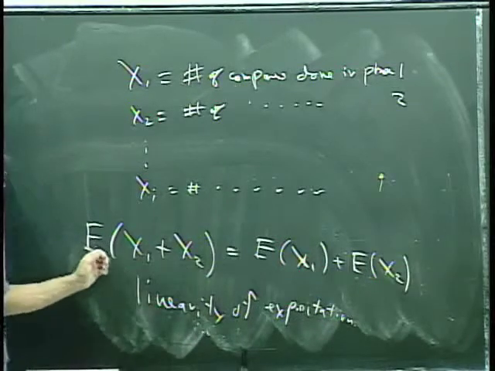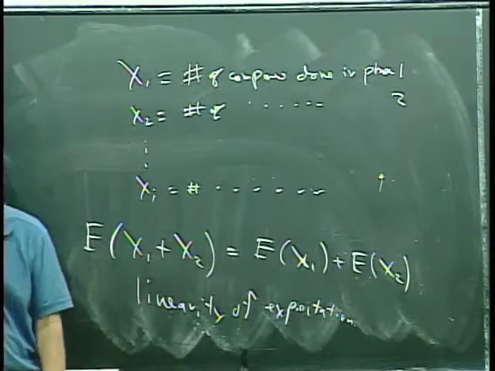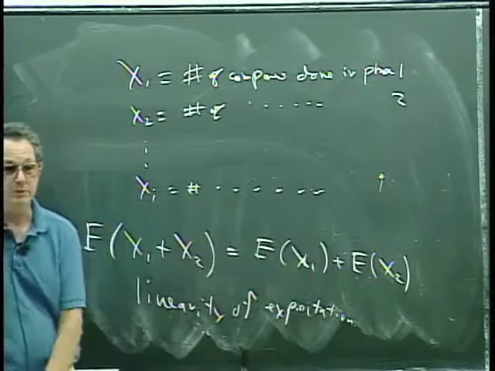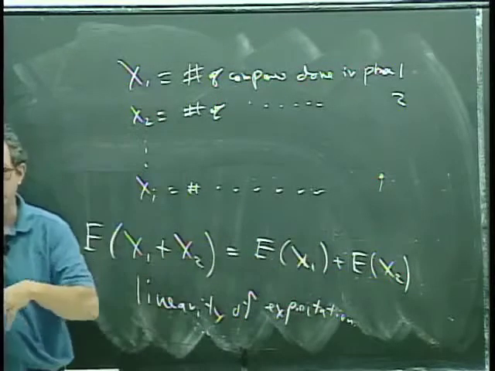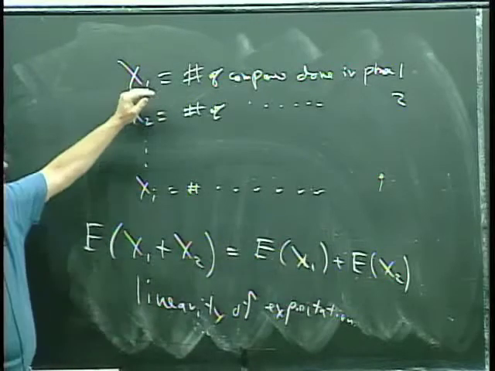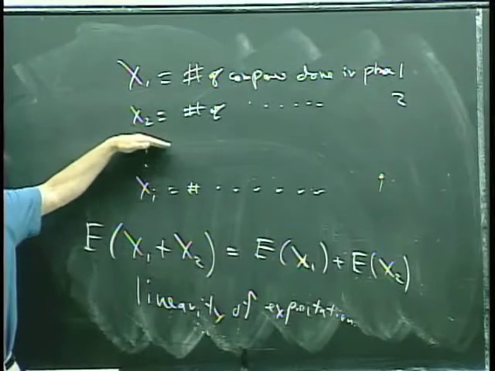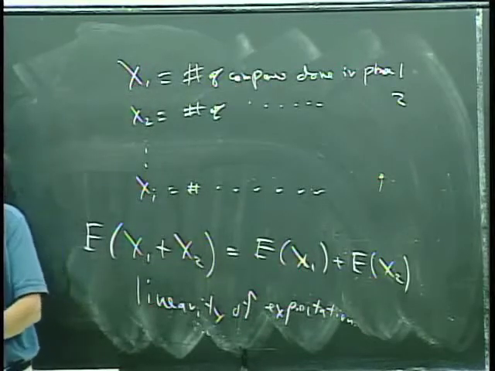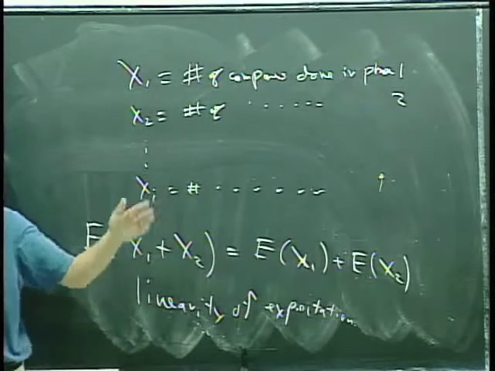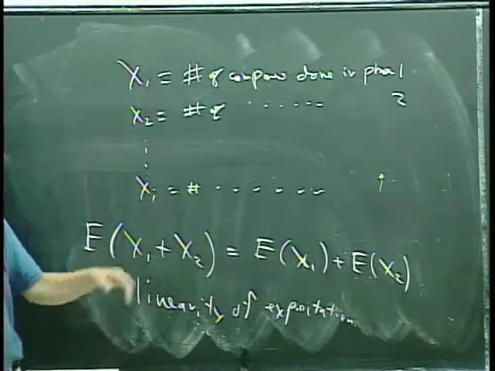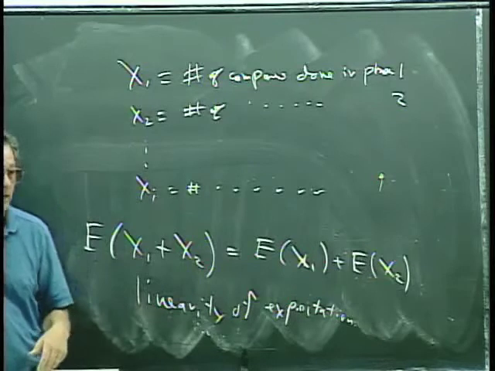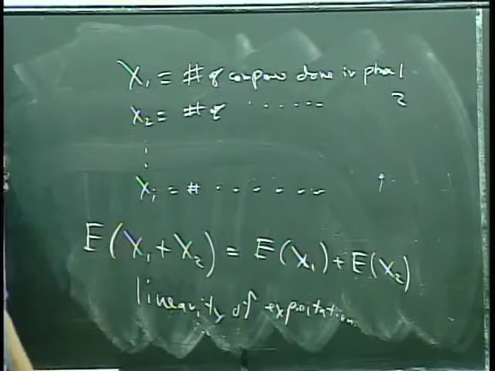The expected value of the sum of two random variables is just the sum of the expected value of the two random variables. So you're running your experiment, you see how much x1 is, see how much x2 is, and you add those together, and that's your value from the first time you do the experiment. And then you do the experiment again, running the algorithm, and you take this sum again, and you find out what that long-term average becomes.